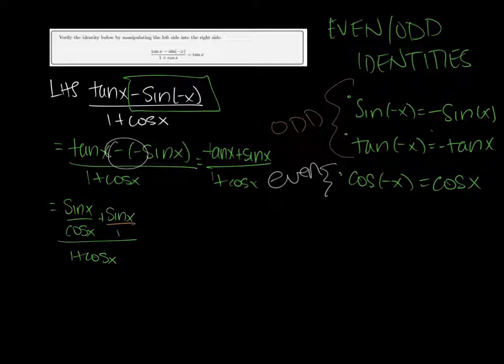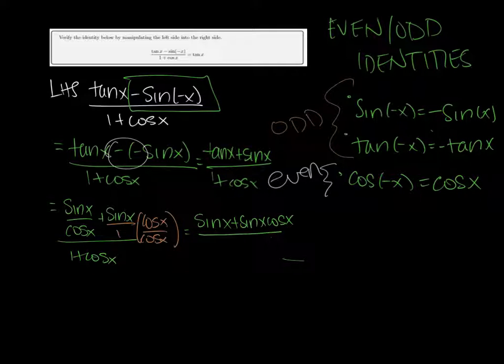So I'm going to multiply my sine x by cosine x over cosine x. This is going to leave me with sine x plus sine x cosine x over cosine x divided by 1 plus cosine x.